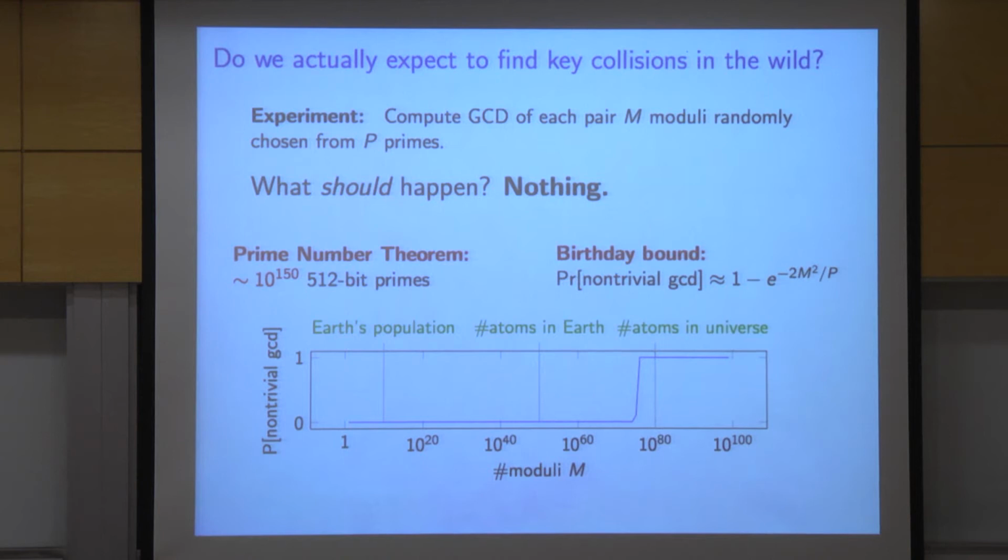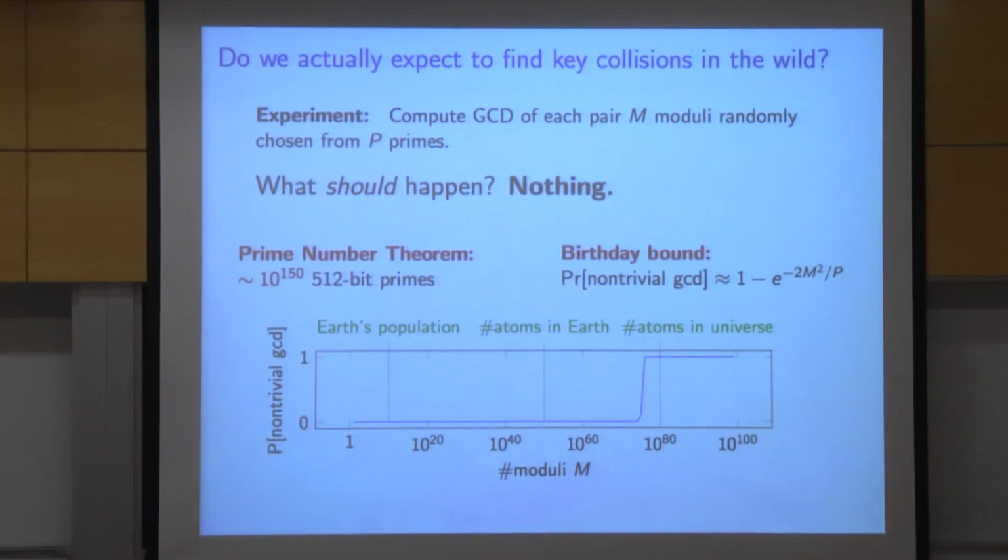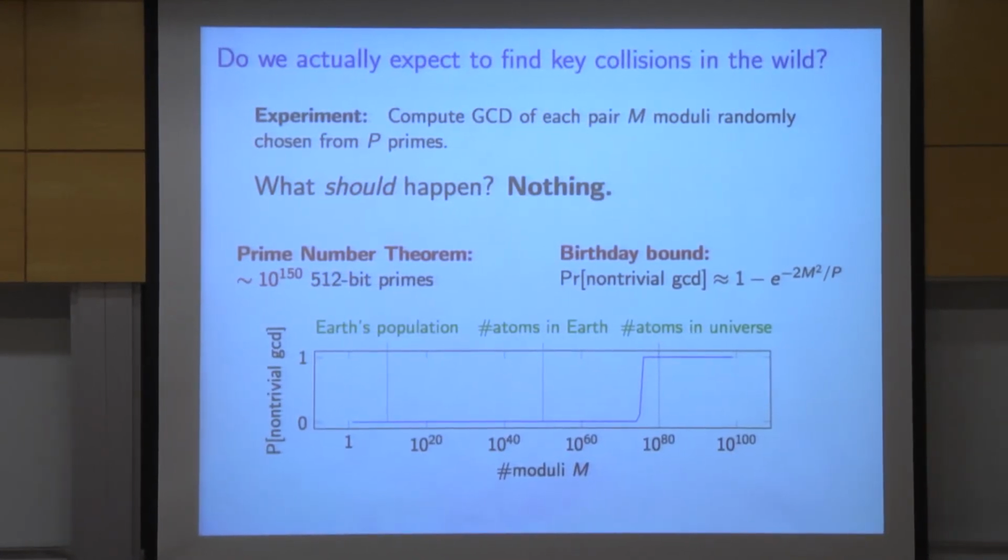So what's the probability that we get some collision after collecting m of these? The bound essentially says that nothing happens until the number of moduli approaches approximately the square root of the number of primes. I have plotted the probability of a collision here for you with some waypoints along the way. It is essentially 0, or astronomically close to 0, until we get pretty close to the number of atoms in the universe, at which point it pretty quickly jumps to 1.